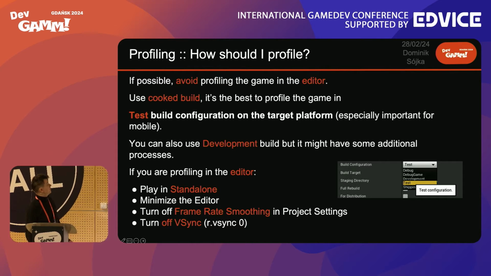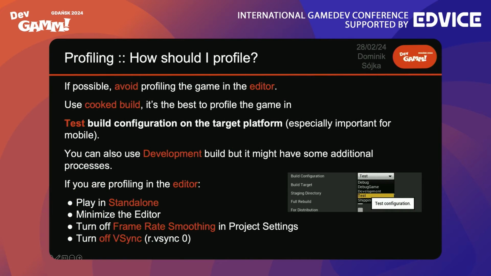So to check the performance, I would suggest never using the editor. There are a few cases when the editor has to be used because, for example, you cannot build the project, it's not working. But in general, when you want to profile the game, use a cooked build. The best cooked build is the test build.